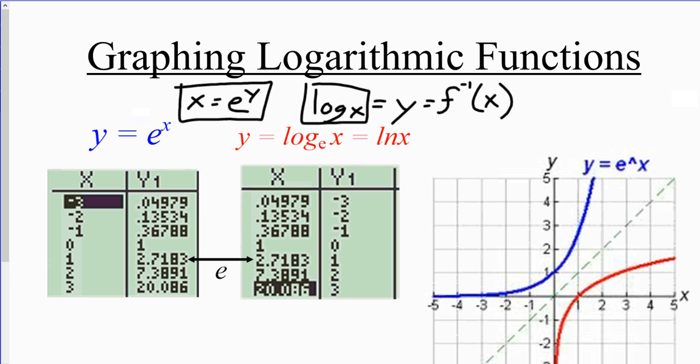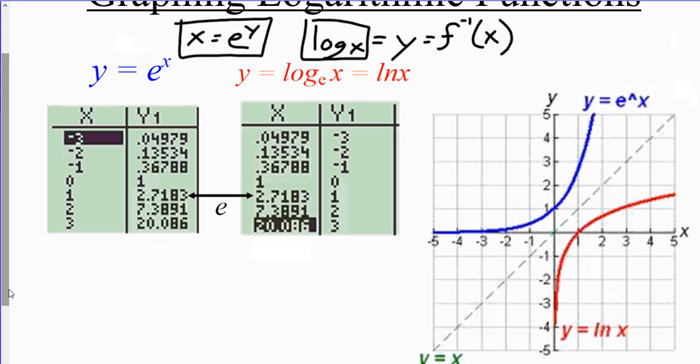When we go ahead and graph them on our graph, we can see that they're reflections across y equals x. Here in the blue, this is y equals e to the x, and y equals ln of x. And notice that ln of x is just log base e. It's just a shorthand because it comes up so often.